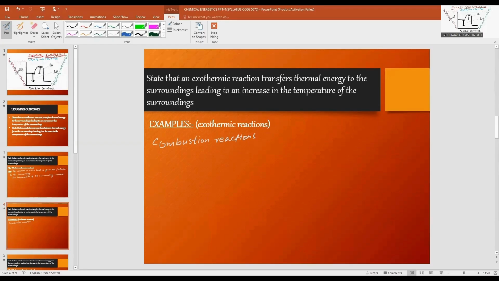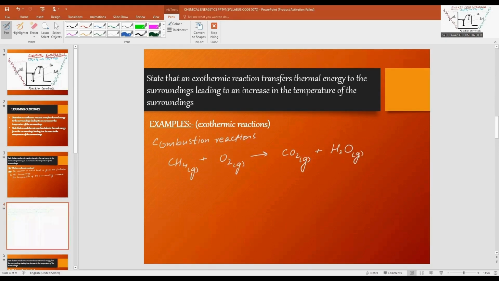I'm writing the reaction equations for your convenience. This is a combustion reaction of methane. Let me write the state symbols. Now this reaction equation needs to be balanced.